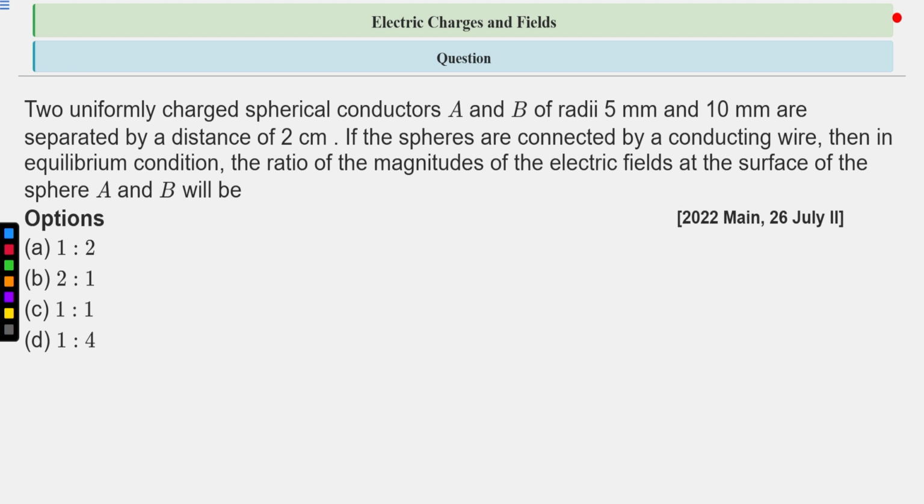We have to find the ratio of the magnitudes of electric fields at the surface of spheres A and B. Your options are 1:2, 2:1, 1:1 and 1:4. I will give you some time to think or review the question.